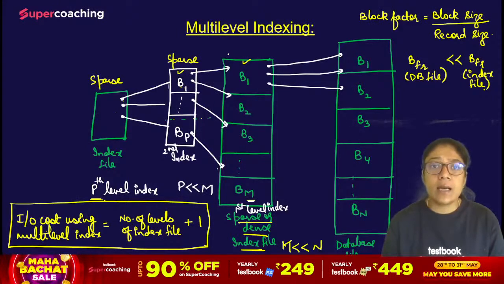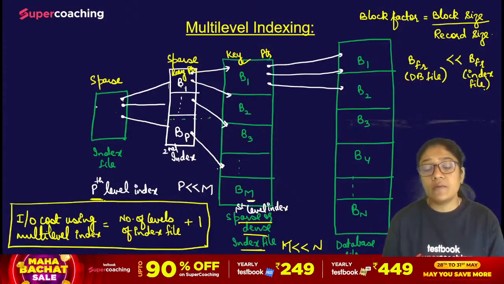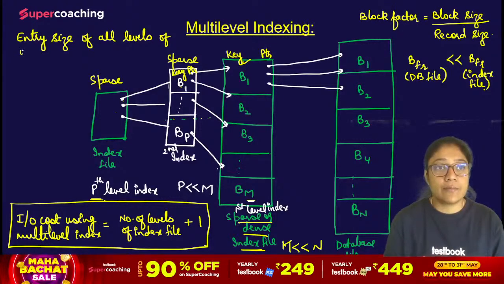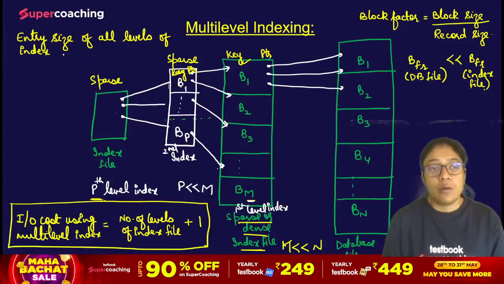So one thing is clear that in the index file, we are just storing the key field and the pointer field. In the second level index also, we will be just having the key field and the pointer field. On all the index blocks, we will be having just the key and the pointer. So we can say that the entry size of all levels of index will be same.